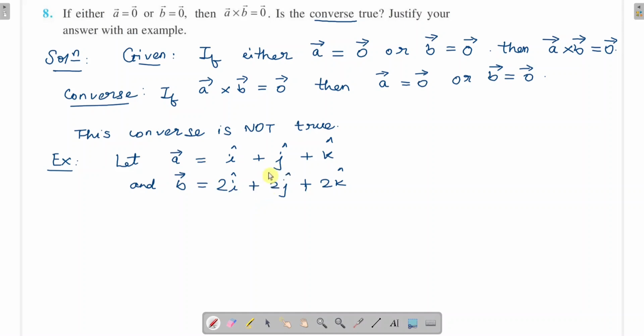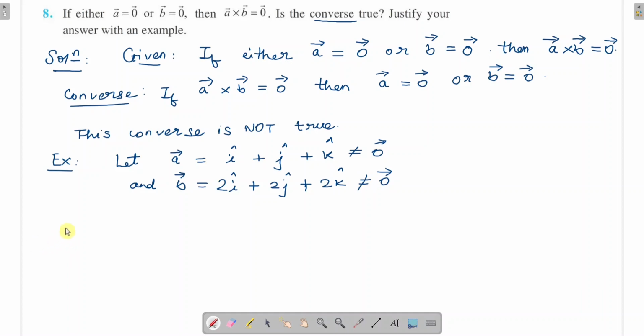Okay, so you can see that the vector a bar is not a 0 vector because the coefficients of i cap, j cap, k cap are all non-zero. Okay, if the coefficients were all 0 here, then that was the 0 vector, but since all the coefficients are not 0, so this is not equal to 0 vector. Similarly, this is not equal to 0 vector.